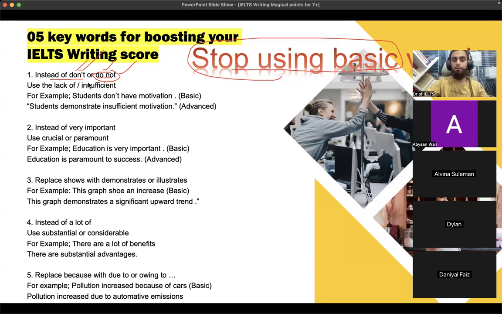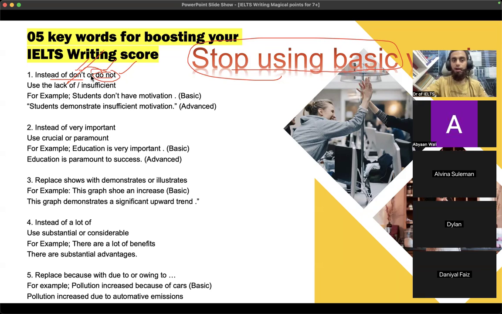But instead of that, for example, students do not have access to social media, do not have access to creative works. Can you not say it like students lack access to creativity? Now, both mean the same. They don't have it, they lack it. Both mean the same.